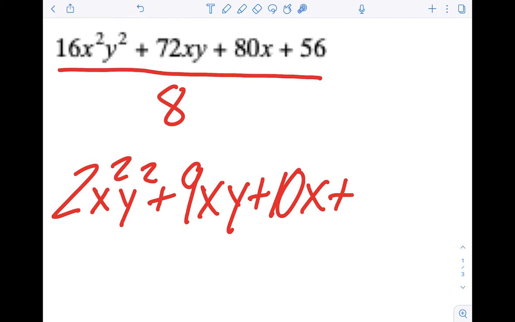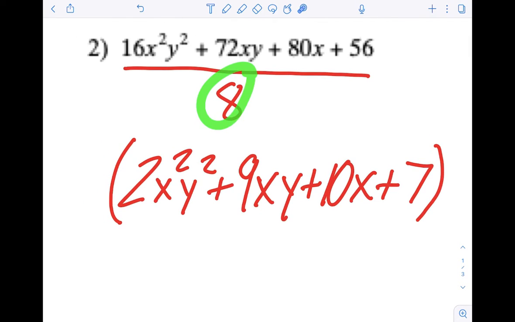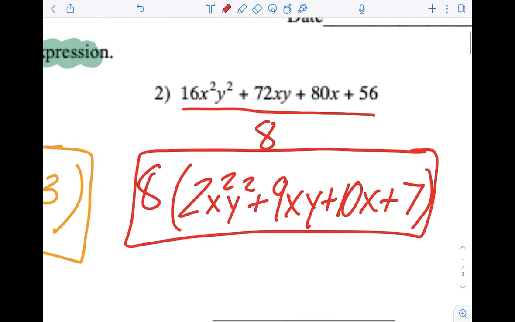Plus 56 divided by 8 is 7. Then parentheses around that, and my common factor, what I divided by, 8, goes outside the parentheses. That is my expression factored out.